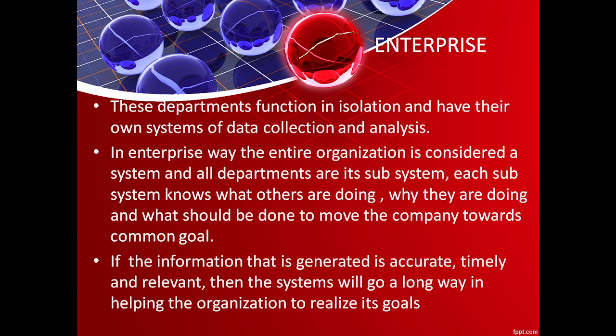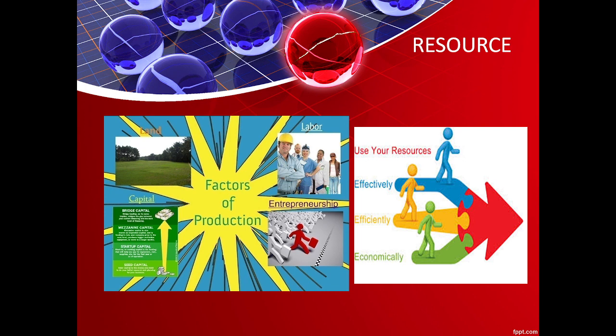Whatever the information, whatever the process, whatever the work is generated, if these things are done in a team spirit, with coordination and integration, the organization will realize its goal. So you have to do an amalgamation of all the factors of production, and the organization has to operate as a close knit function, using the resources effectively, efficiently and economically.